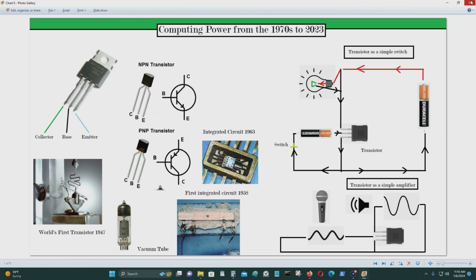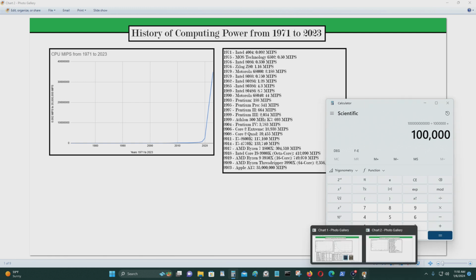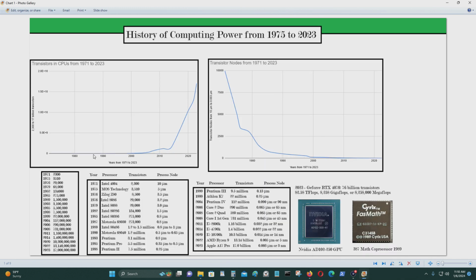And when we go into the 1970s, we have CPUs like the Intel 4004, which has about 2,300 transistors in an integrated circuit. That is a lot, I mean, compared to what they had in the 1960s, right?